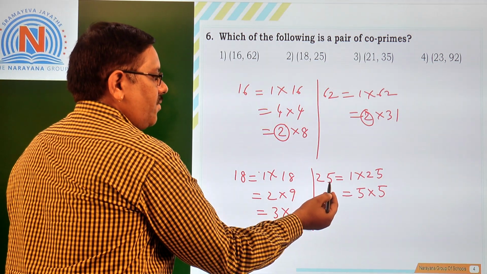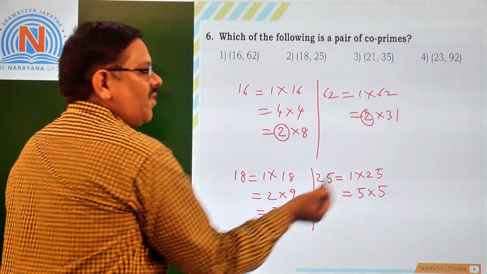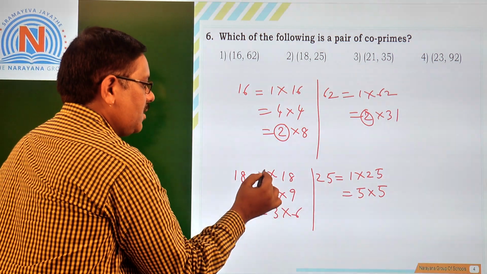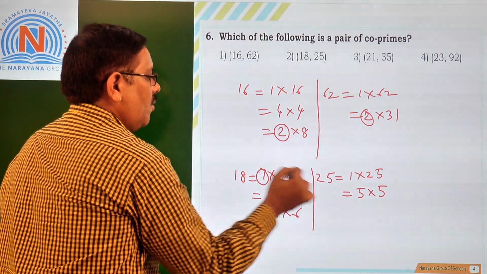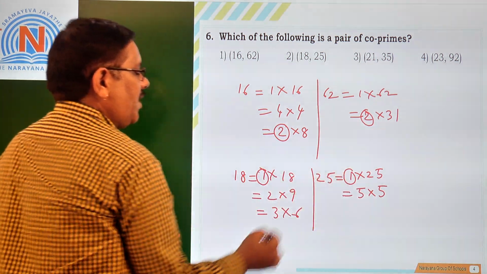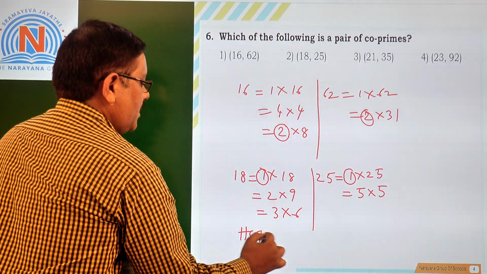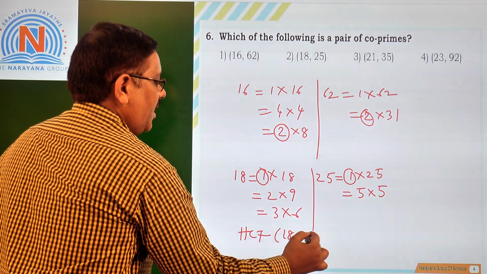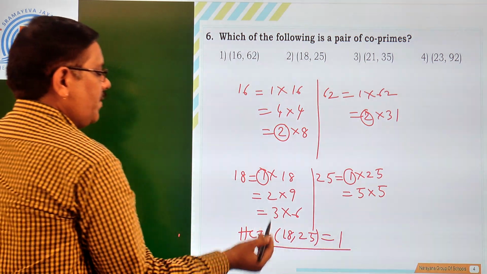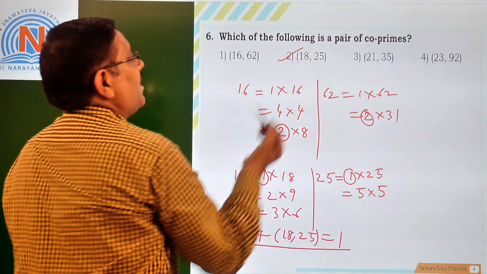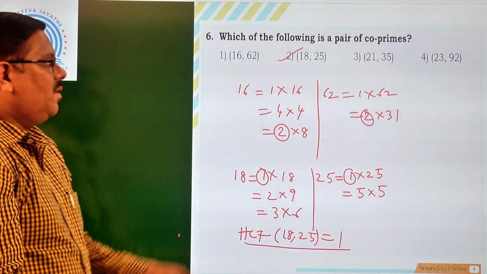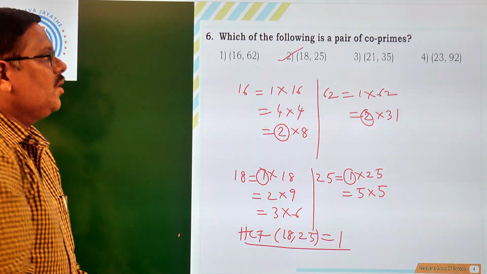The factors of 25 are 1, 5 and 25. If you observe the common factors, it is only 1. So we can say the HCF of 18 comma 25 is 1. So we can call this pair co-prime. 18 and 25 qualify to be co-primes.